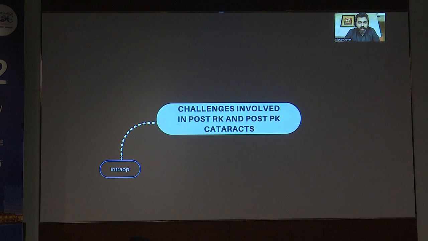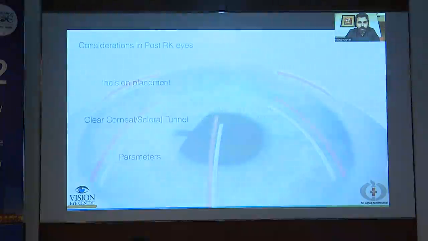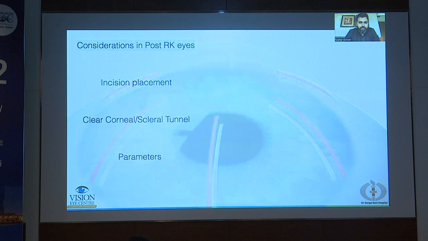Then the challenges that happen intraoperatively. So when you have post RKs, the challenge that you face to begin with is where do you place your incision and whether you should go for a clear cornea or a scleral tunnel. So if it is an 8 incision RK, or even sometimes a 12 incision RK, you can go ahead and place your incision between two RK incisions if there is adequate space for that.